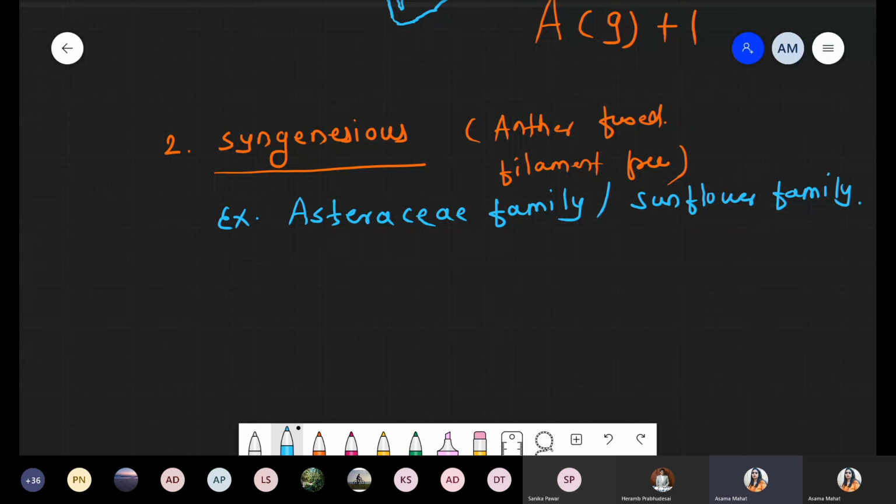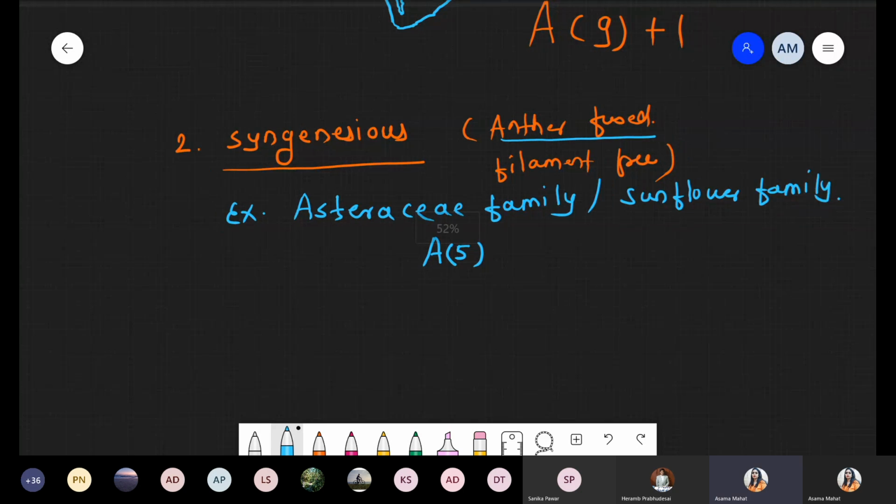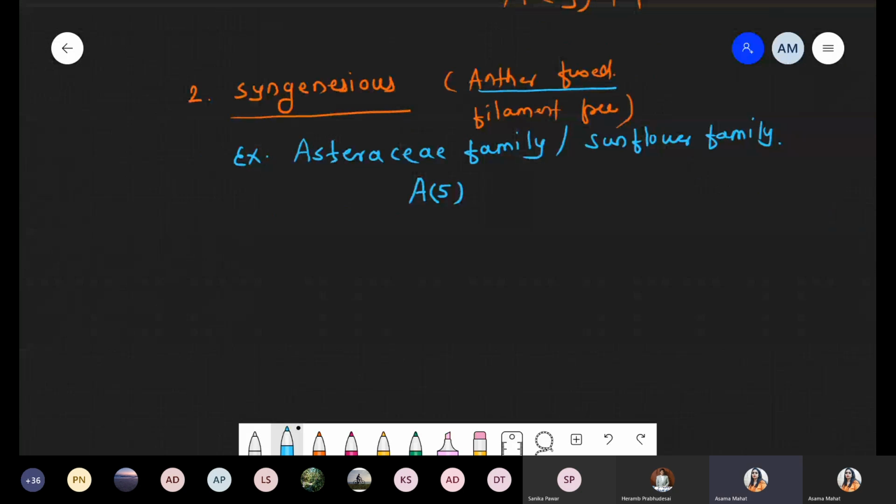Now in this family, we have to represent the androecium, but now it is represented in a bracket, that is 5. Why do we represent the bracket? It means that all that 5, because the anthers are fused, will show the fusion.